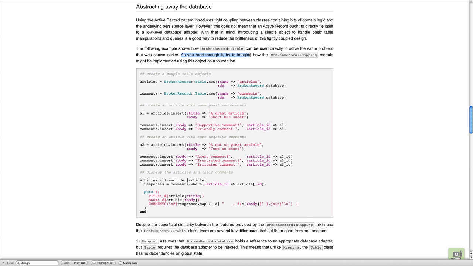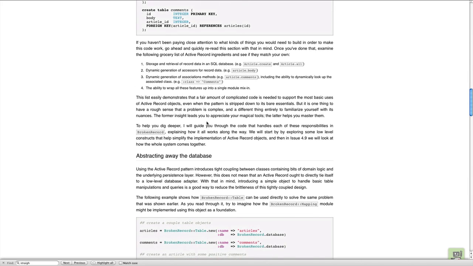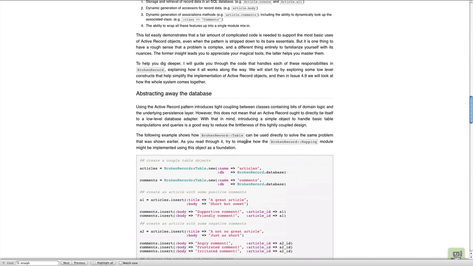As you read through it, try to imagine how a broken record mapping module might be implemented using this object as a foundation.